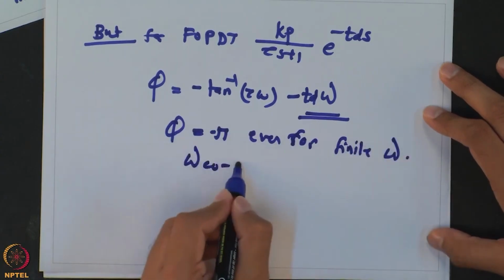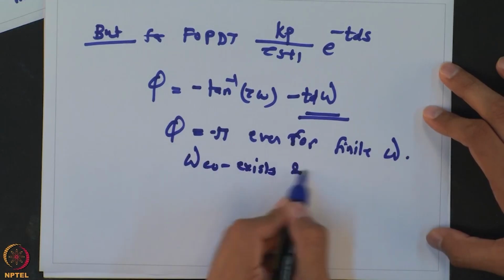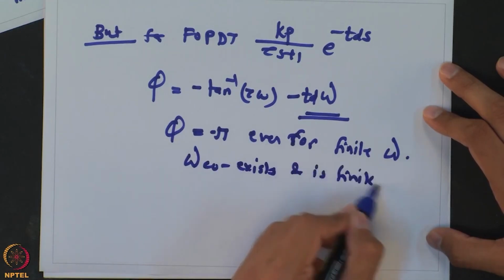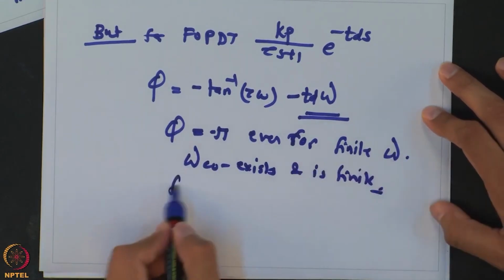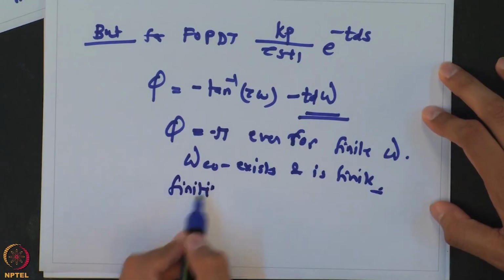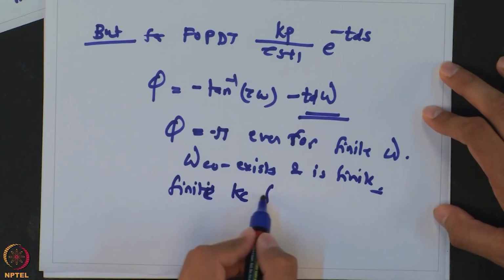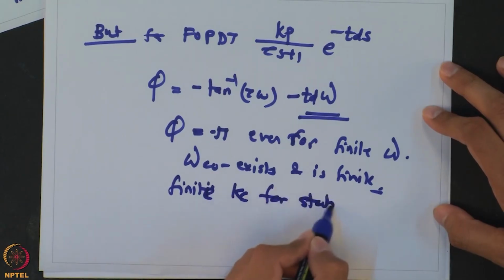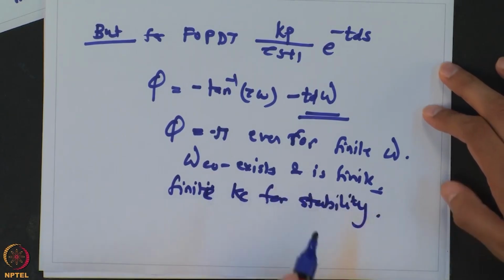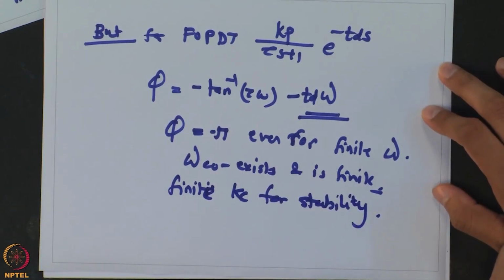So, omega crossover exists and is finite, and therefore, you also have a finite Kc for stability. So, the moment you add any time delay, you are going to have some restriction from the stability limit.